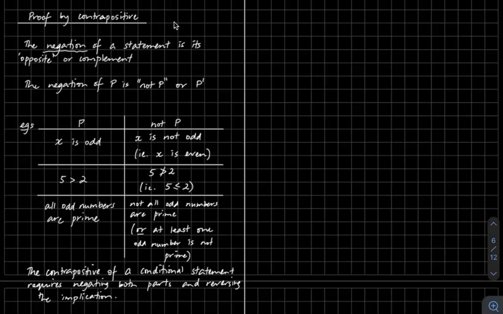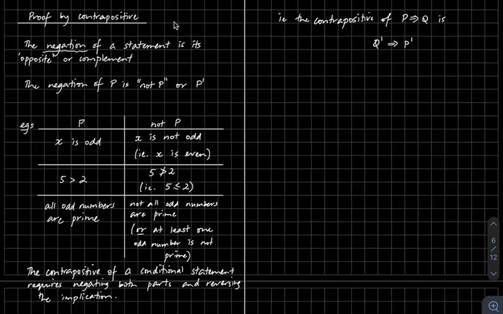So how does that look? The contrapositive of P implies Q is, well, we've got to take the negation of both, so that would be not Q and not P, and we have to reverse the order. So instead of the order going from P to Q, it's now going from not Q to not P.